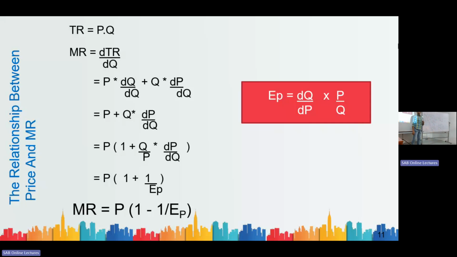Okay, let's consider another situation, where as a whole the demand is price inelastic. Then the demand curve is relatively steeper. So this is flatter when the price is elastic.